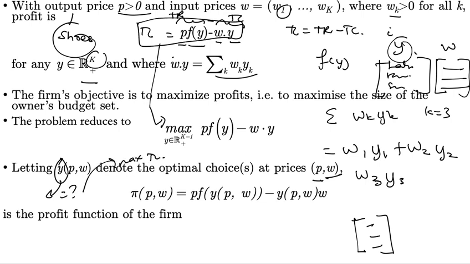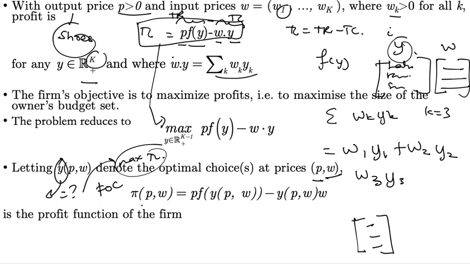Now, how do we find this quantity that can always make sure that our profit is maximized? Then we have to do, mathematically speaking, the first order condition as usual, yeah? Okay, so like I said earlier, the profit function consists of total revenue minus total cost. In particular, total revenue is price times output, which is f(y), minus total cost, which is the prices of input times input itself.